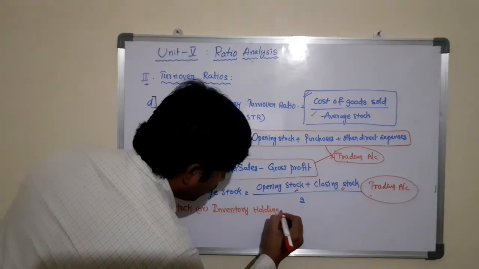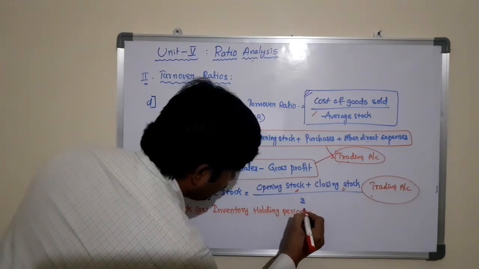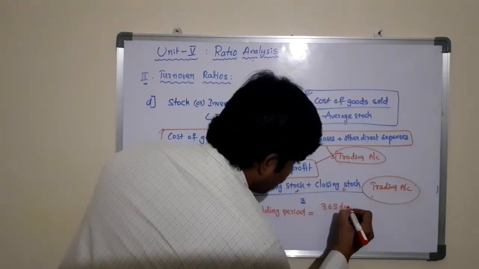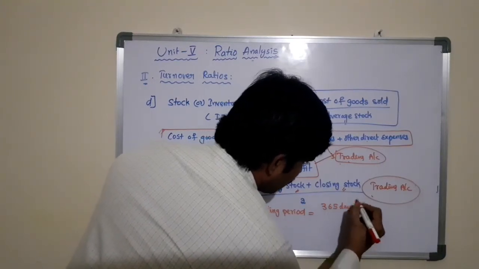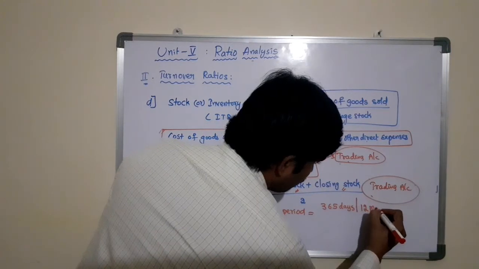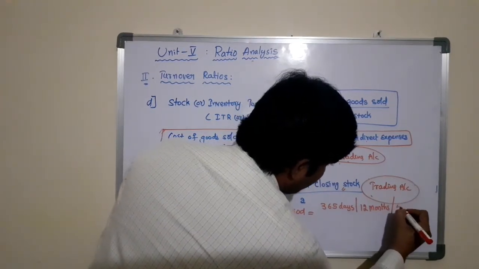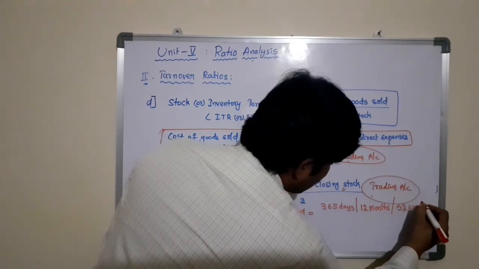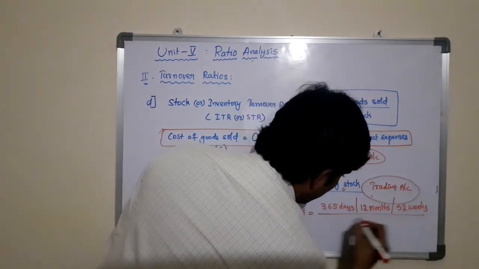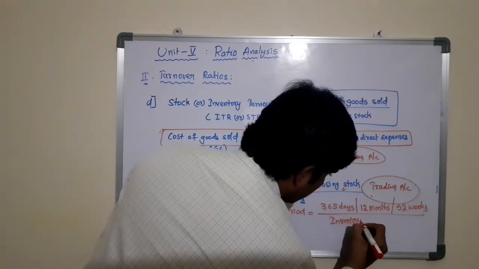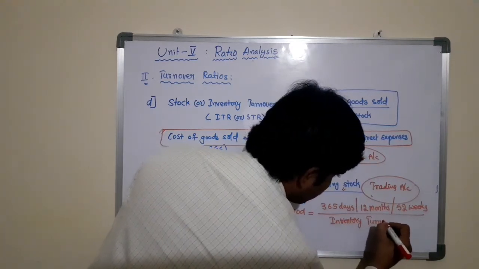This can be calculated using the formula 365 days if they want to calculate in terms of days, 12 months if they want to measure in terms of months, 52 weeks if they want to measure in terms of weeks, by inventory turnover ratio.